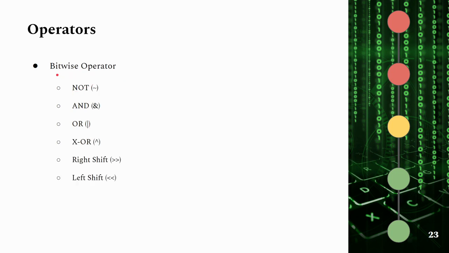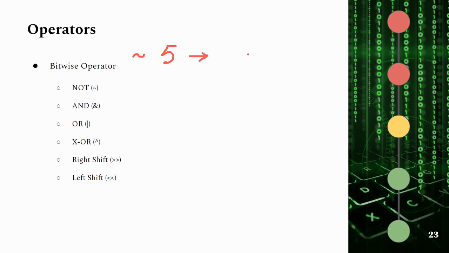Next up, bitwise operators. Usually we will not be needing them much, and programmers use them for high level operations. By high level operations I mean some special cases, because bitwise operators actually work with binary digits or bits. For example, if you provide a number 5 and give a not sign to it, first it will convert it into binary.